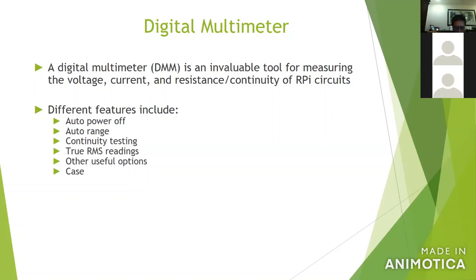So you can see that by using a multimeter, it's very easy for us to measure those important parameters. Like I said before, if you have a circuit and you find that something is wrong, you can use your multimeter to measure all those important parameters to see whether the circuit is correct or not.